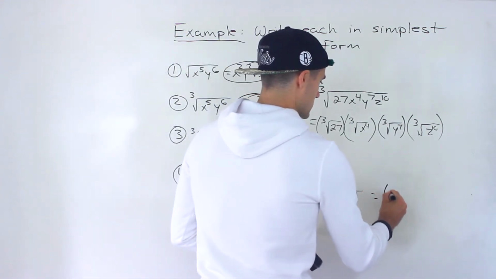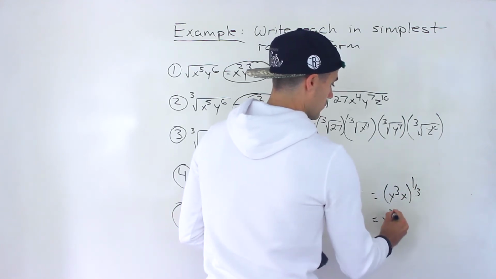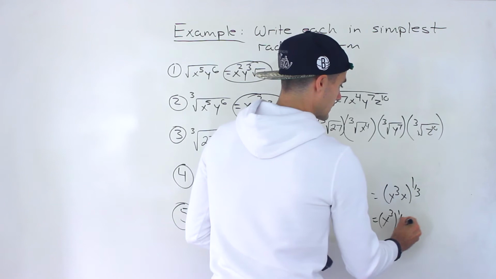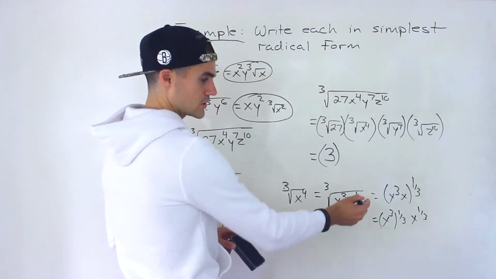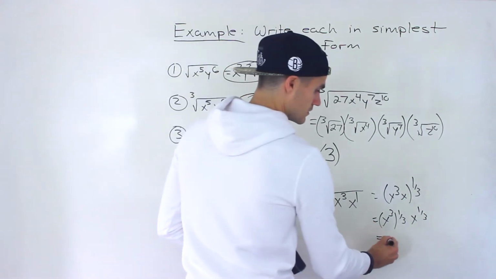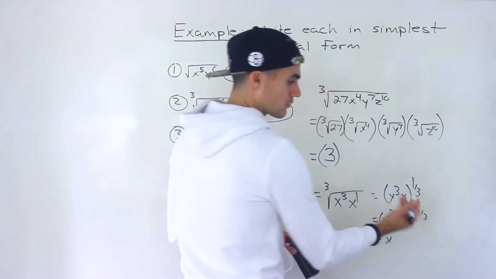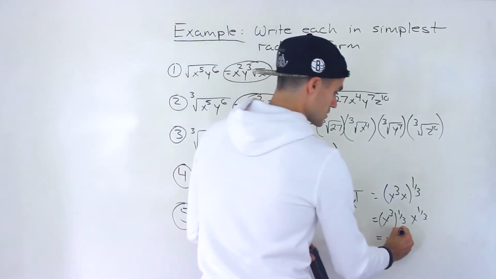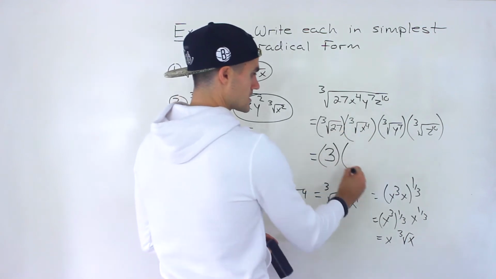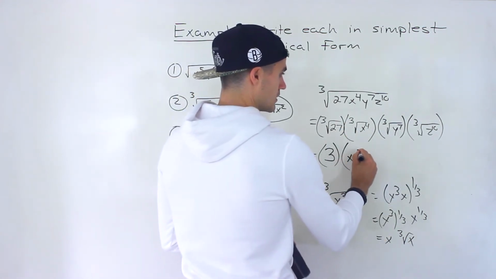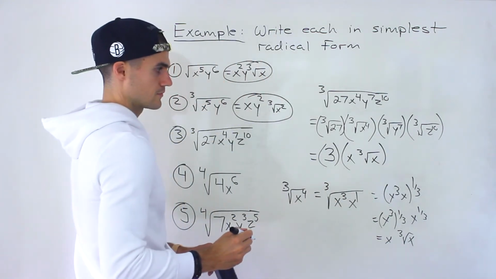This would be x to the 3 to the power 1 over 3, and then x to the power of 1 over 3. 3 times 1 over 3 is just x. And then the third root of x, or x to the power 1 over 3, we can't simplify any further, so that's just the third root of x. So this simplifies to x times the third root of x.